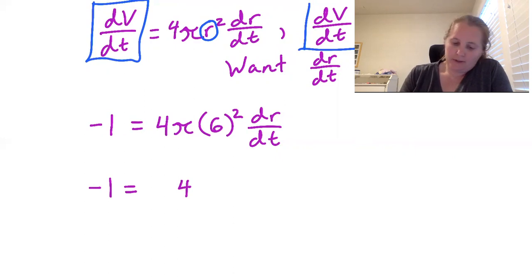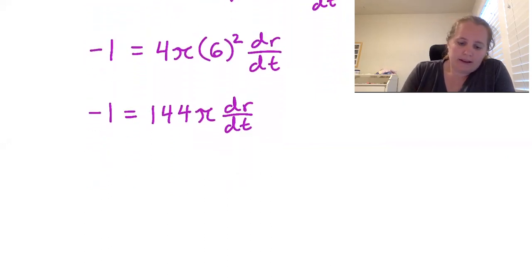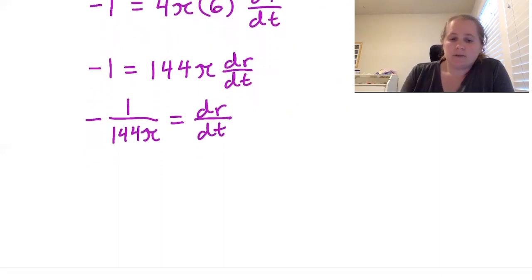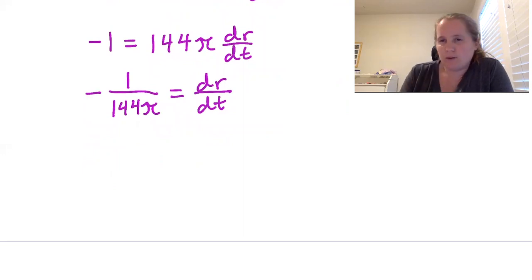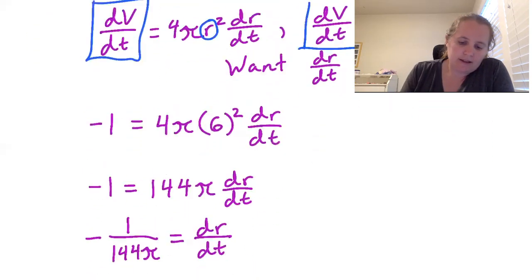Then 4 times 3 is 12 plus 2, 144 pi times dr/dt. And so we get that -1 over 144 pi is equal to dr/dt. And then at this point, I'm just going to do a last step, which is our sort of conclusion back in context. So I think I'm on step 6, yeah.